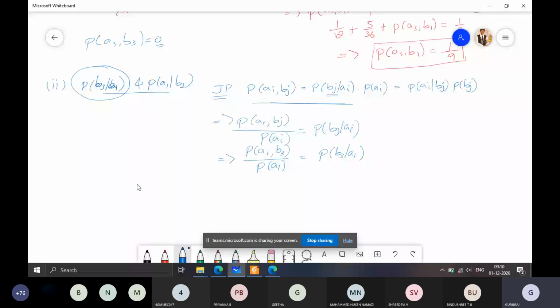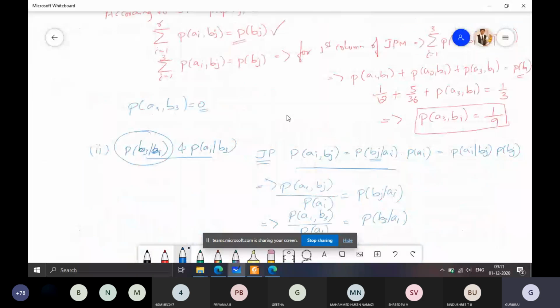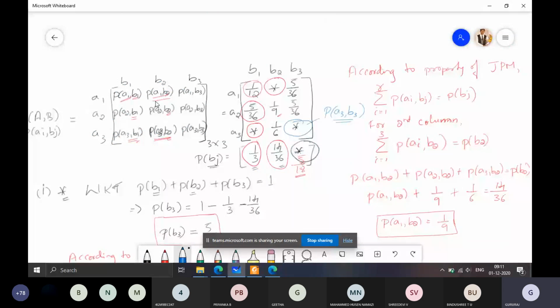So now what is P of A1 comma B3? It is 5 by 36. We shall check that here in the JPM. Where is P of A1 comma B3? First row, last term.